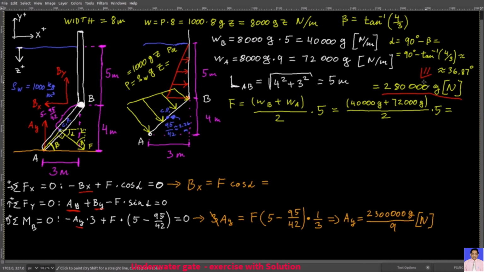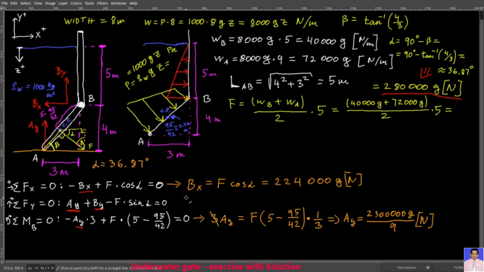You know your force, F. Now alpha was approximately 36.87 degrees. And so if you put them all in this equation, you will have 224,000 g newtons. That's your Bx.